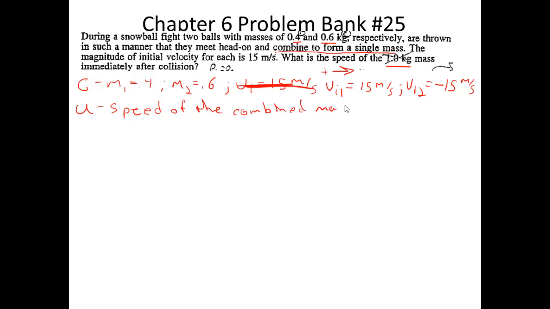We'll just call that V sub F. Our equation: the momentum of the first snowball plus the momentum of the second snowball is equal to the combined mass times the final velocity.